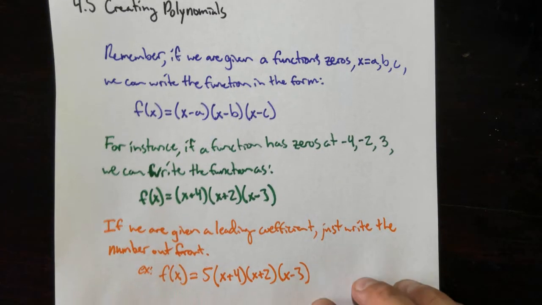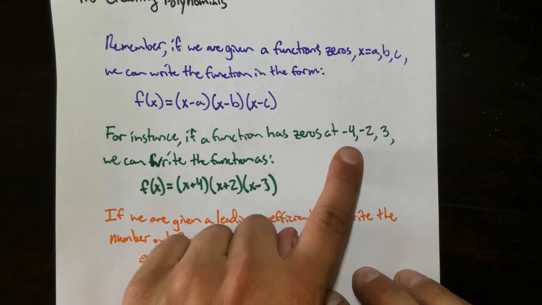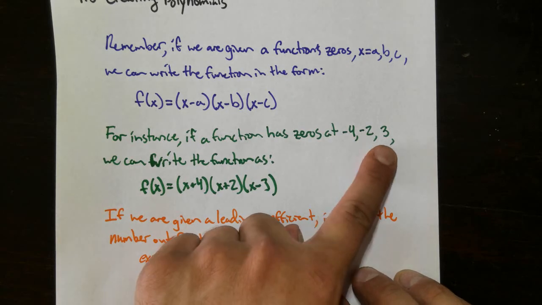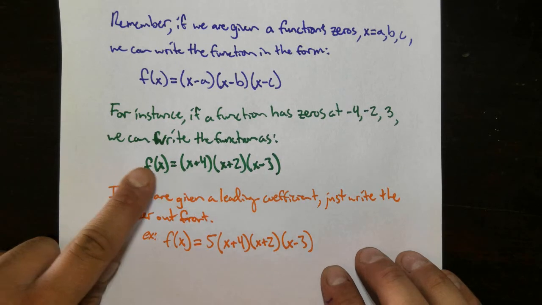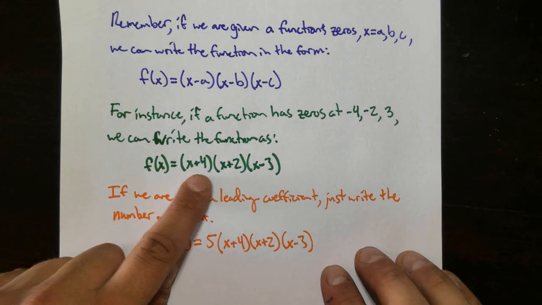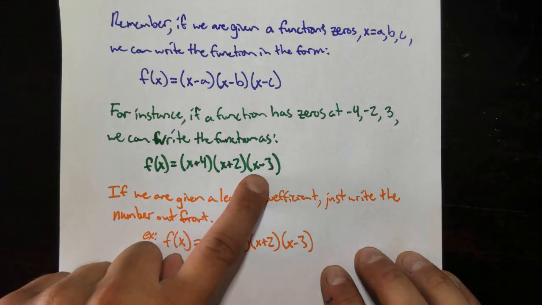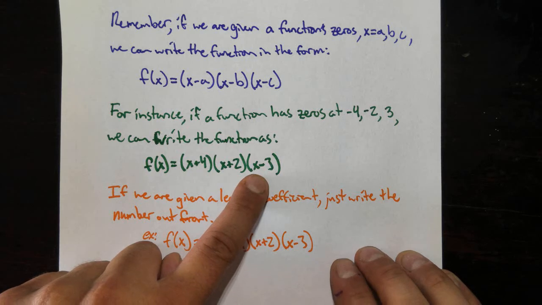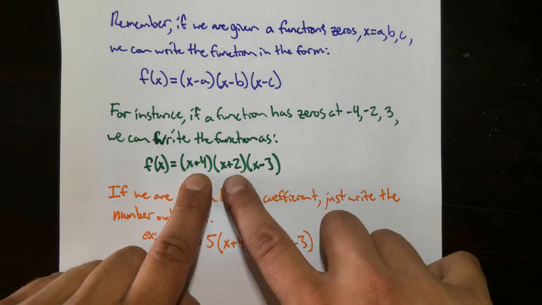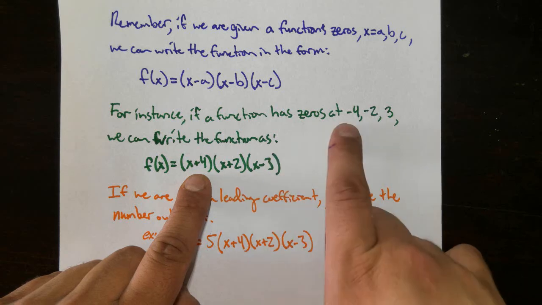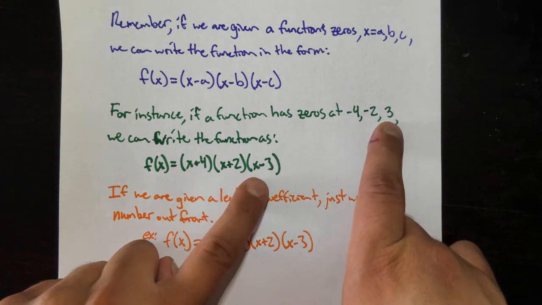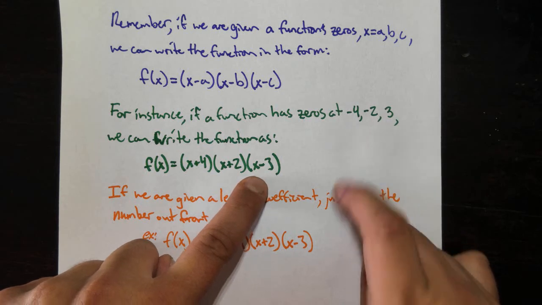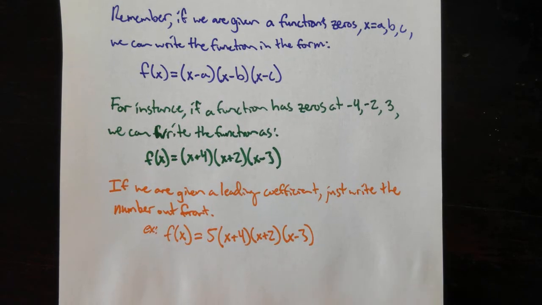So for instance, if a function has zeros at -4, -2, and 3, then we can write the function as f of x equals x plus 4 times x plus 2 times x minus 3. So just notice we put the numbers in there and the signs change. When they're negative, they become positive, and when they're positive, they become negative. So that's how we write it.